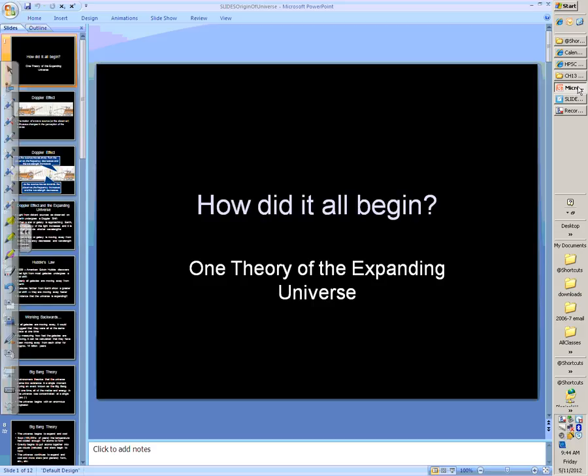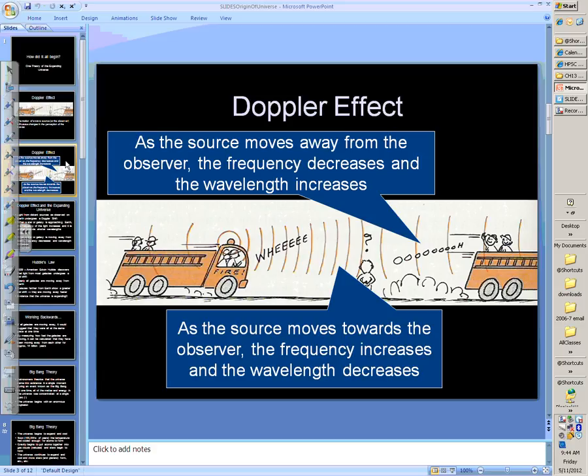So the first observation that we talked about stemmed from the Doppler effect. The Doppler effect is the change in the perceived frequency and wavelength of a wave due to the motion of either you as the listener or that object as the source of those waves. We talked about in class yesterday that most of your experience with the Doppler effect is probably limited to sound.